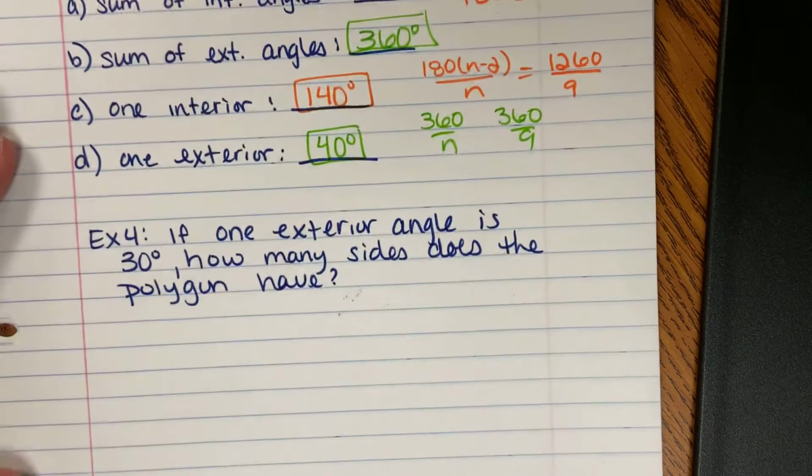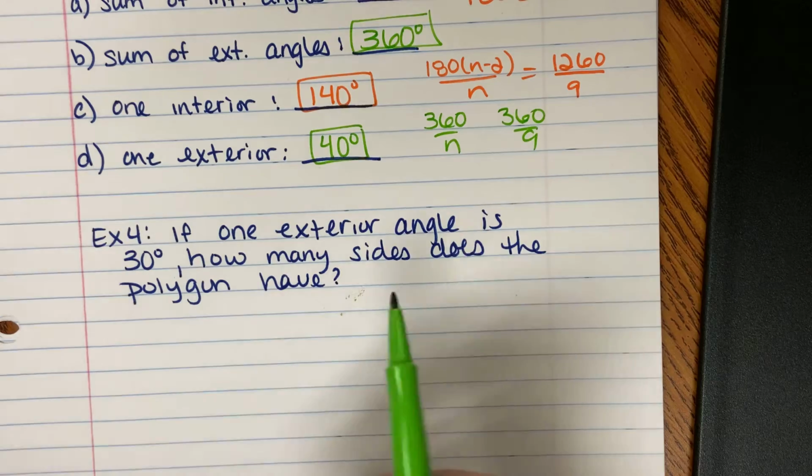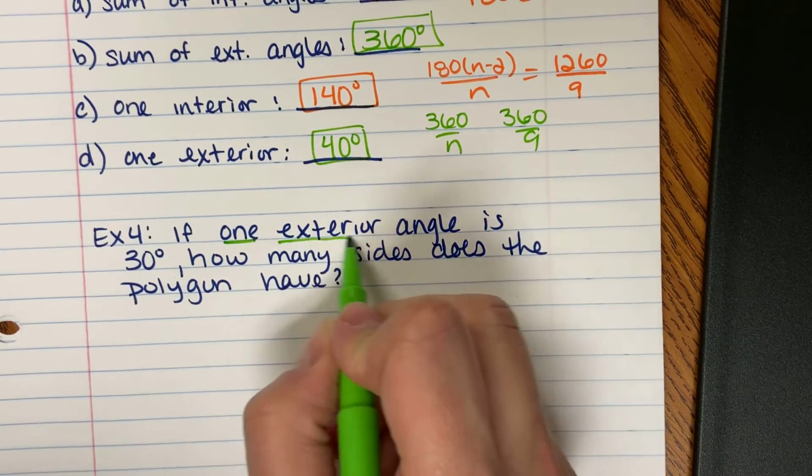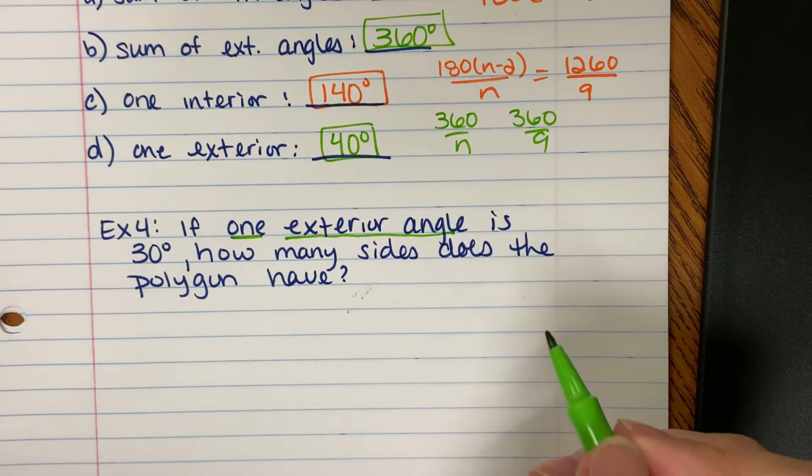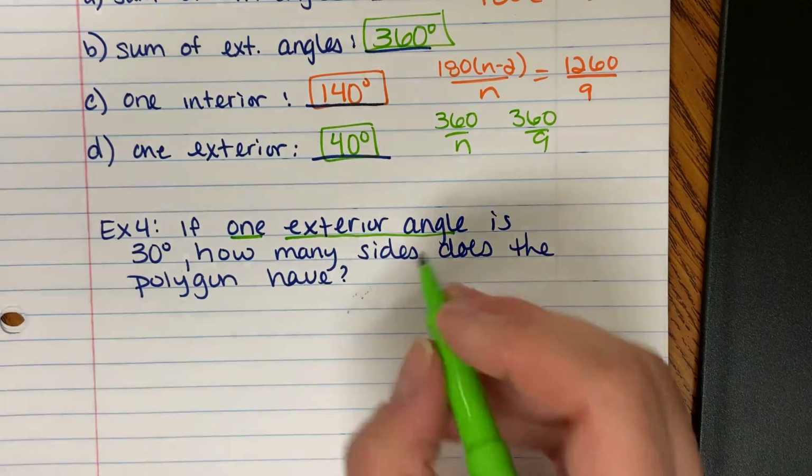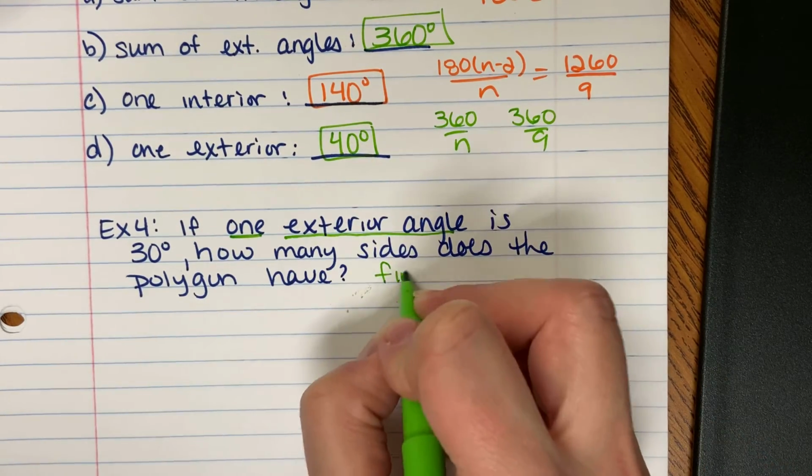Okay, so one exterior angle is 30. So we have to find n. How many sides? So find n.